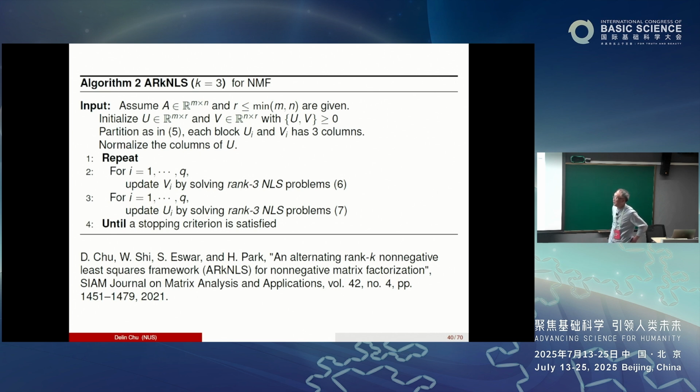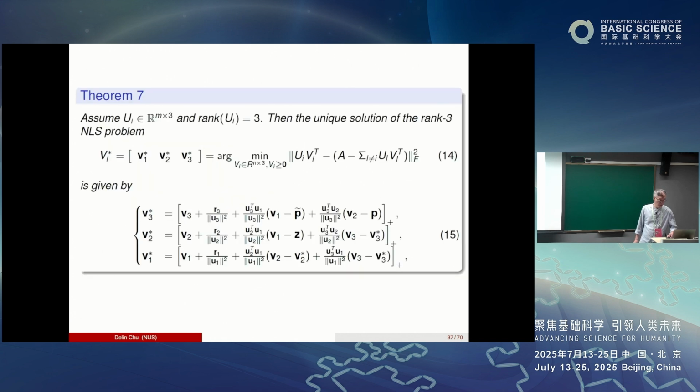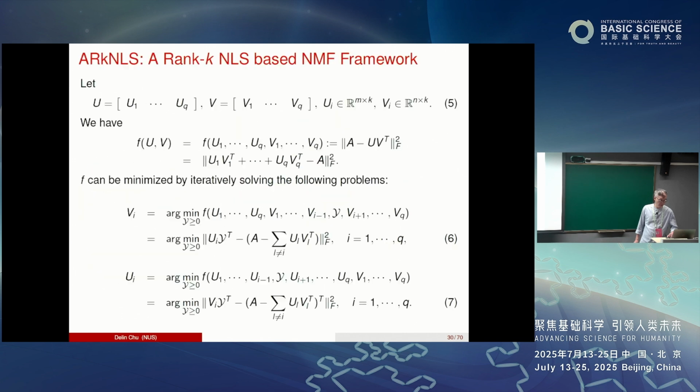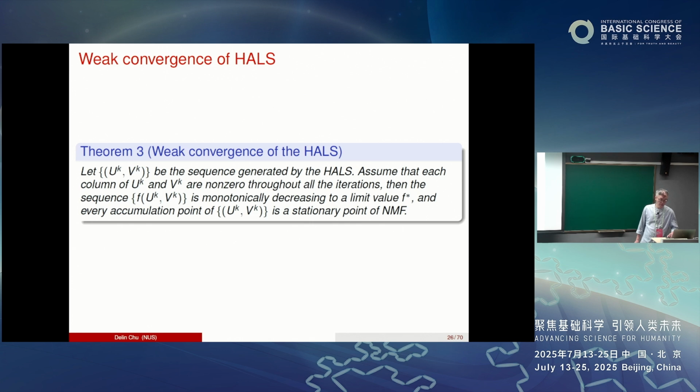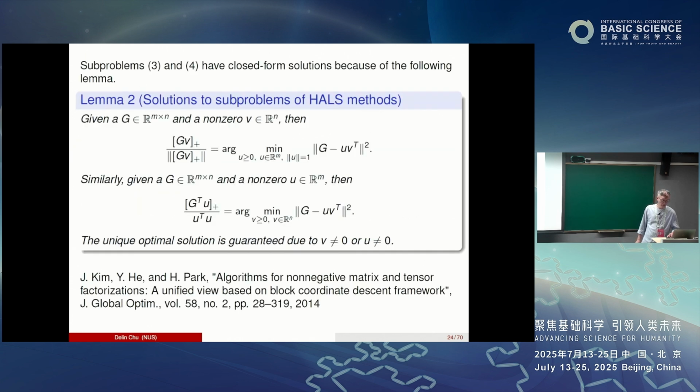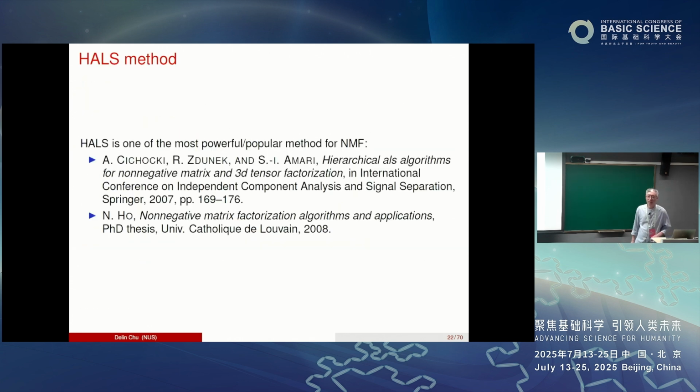Not necessarily. If A has an exact decomposition A equal to U V transpose, then yes, right. If not, then not right. Okay, so this is not my question. I mean, even for a non-negative symmetric matrix A, is there any criterion for the existence of the symmetric non-negative matrix factorization?